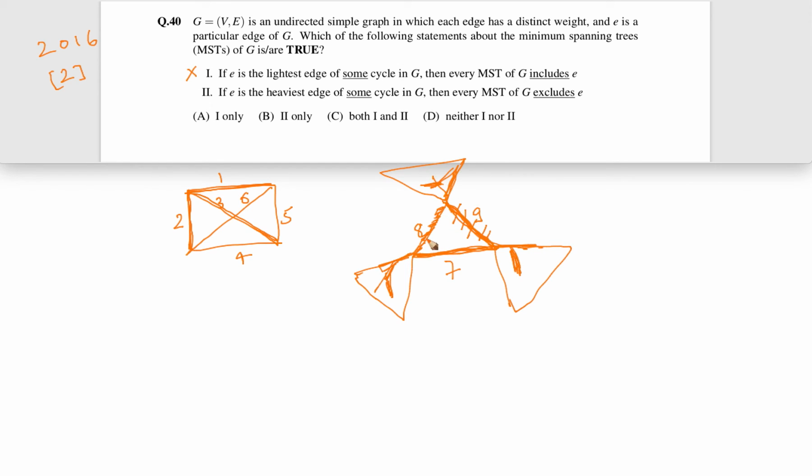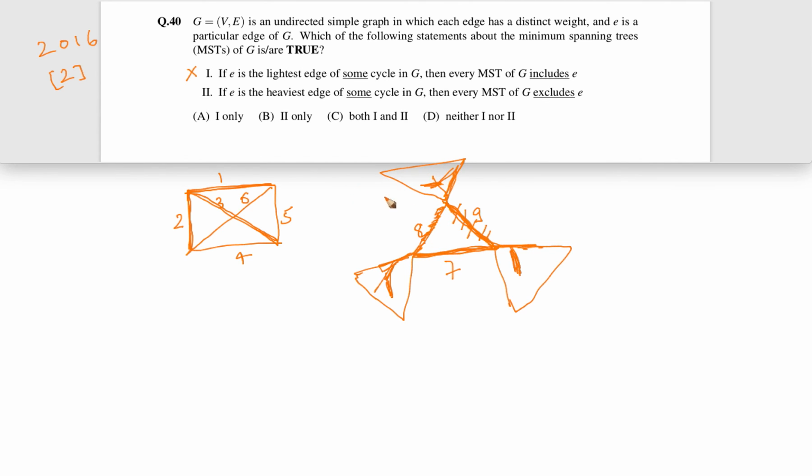But we see that we are again getting a spanning tree, and its cost is smaller than the previous one. Earlier the weight was W1, W2, W3 plus 7 plus 9. This was the weight of the entire spanning tree, right? But now the weight is W1, W2, W3 plus 7 plus 8.